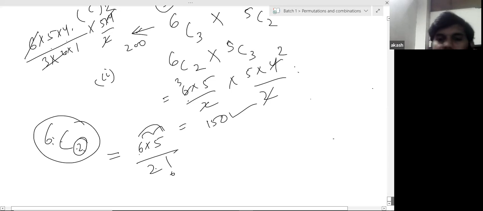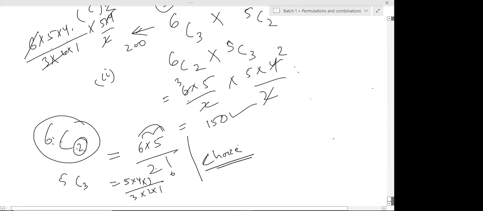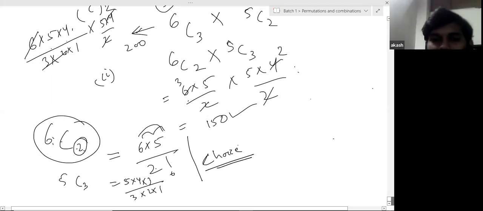It doesn't save a lot of time, but it saves a few seconds. If you had 5C3, then 5 into 4 into 3 upon 3 factorial. You can use this or not use this, your choice. It just saves one step, nothing much.